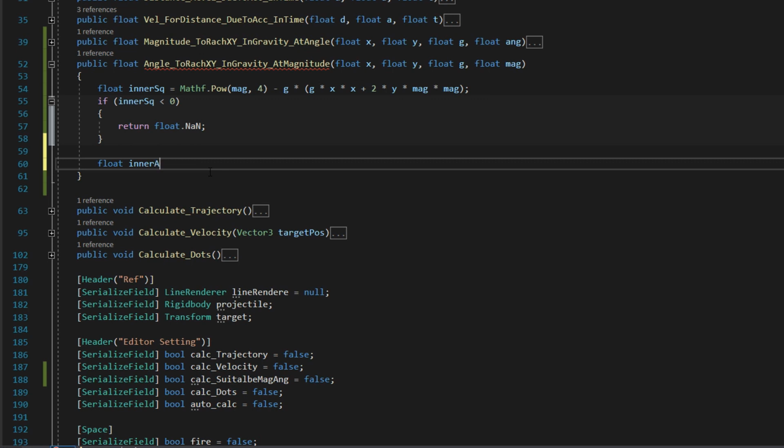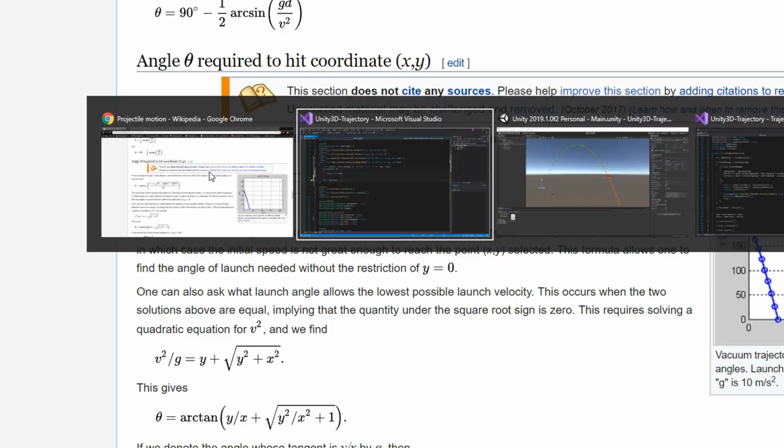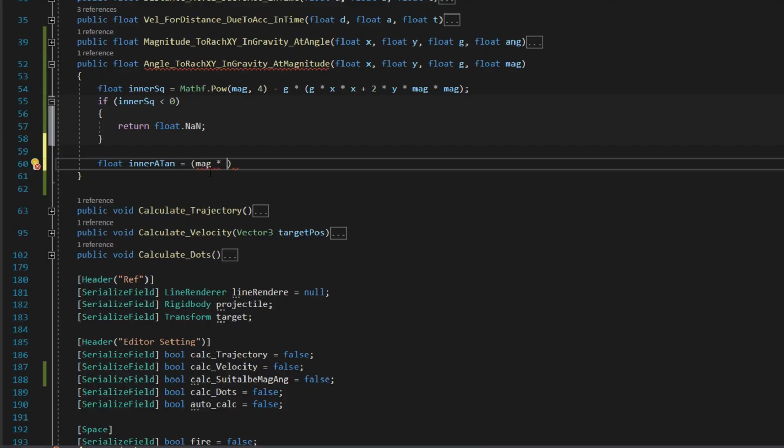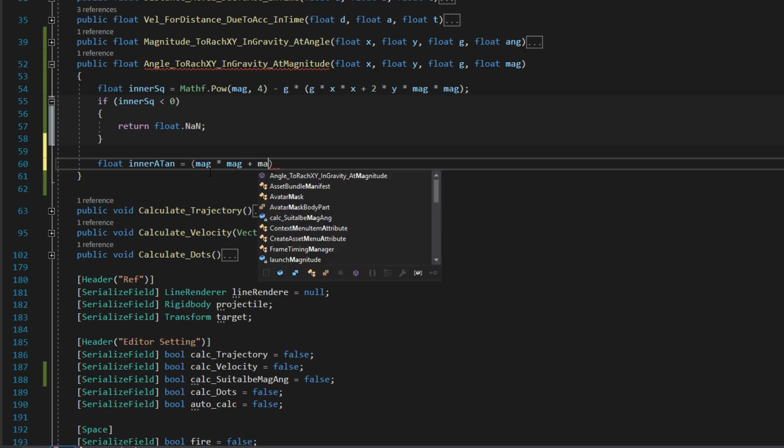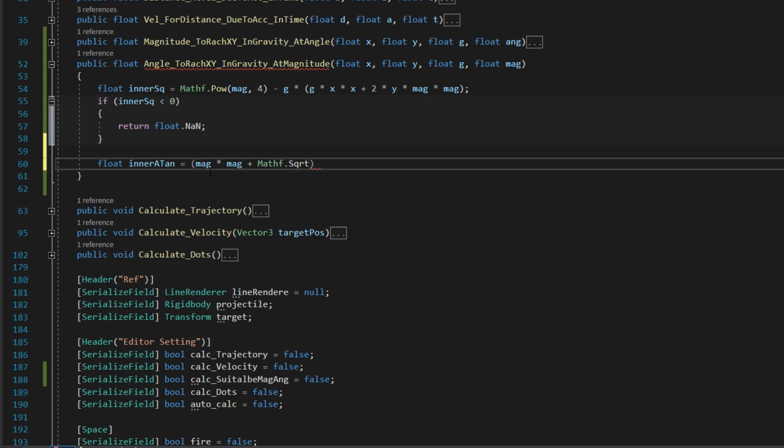Inner of atan is equal to magnitude into magnitude, and we're gonna go with plus, the positive side of this equation, and we want a square root of the inner side we have calculated for the square root, and this whole equation will be divided by gravity times x.